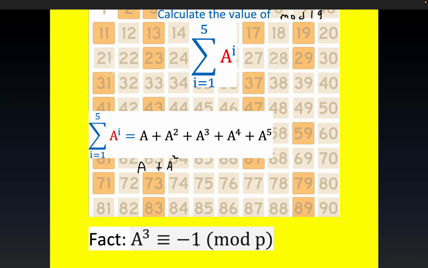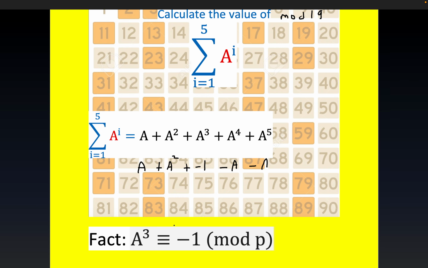So a cubed is -1 plus -1. Now right here, notice that this is a cubed times a, so this would be minus a. Now notice this is a cubed times a squared, so this would be minus a squared.